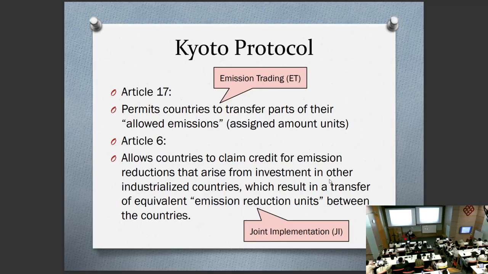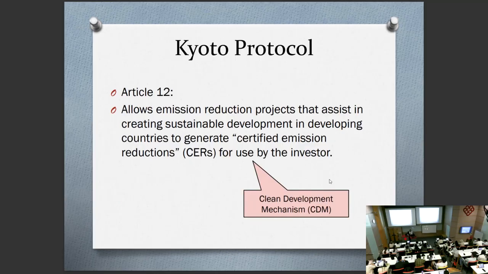A developed country invests in another developed country, and it results in reduction of the carbon dioxide emissions. And for clean development mechanism, it would be a developed country investing in a developing country, like the U.S. investing in Vietnam.